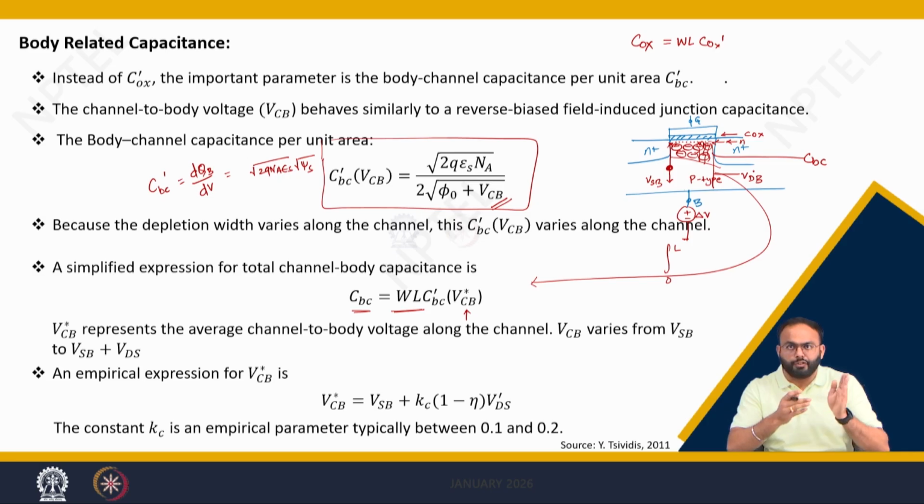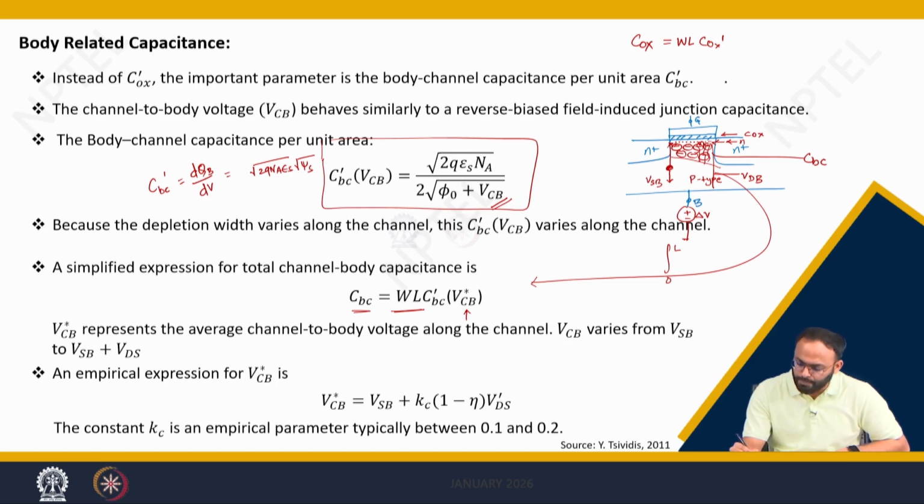VCB varies from VSB at the source side to VDB at the drain side. Now if we fix a VCB voltage at a particular channel region, let's say at a location X, then accordingly we can calculate CBC and multiply with the area. So how can we calculate a particular value of VCB?